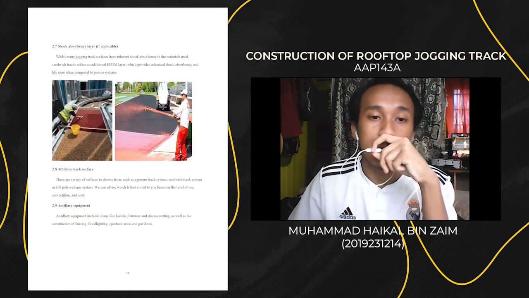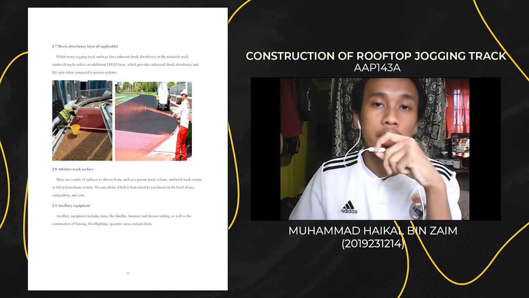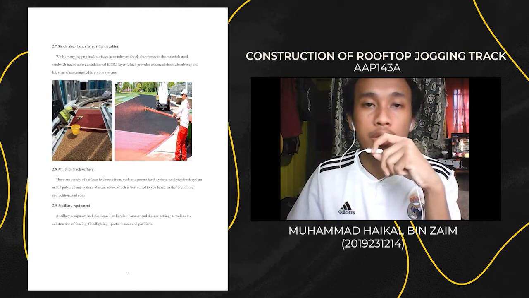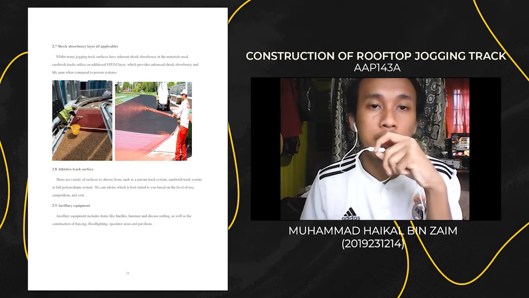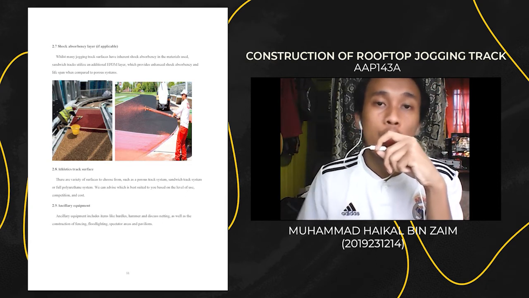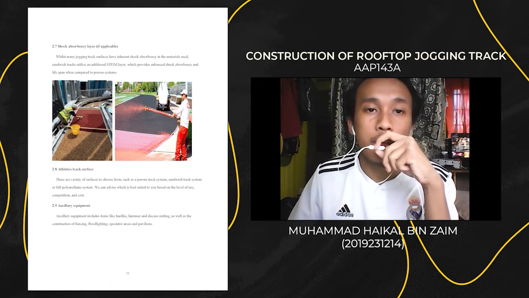Third, shock absorbency layer, if applicable. Whilst many jogging track surfaces have inherent shock absorbency in the material used, sandwich track utilizes an additional EPDM layer, which provides enhanced shock absorbency and lifespan when compared to a porous system.